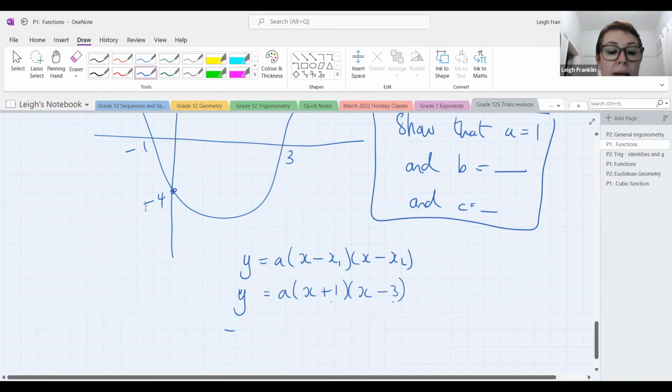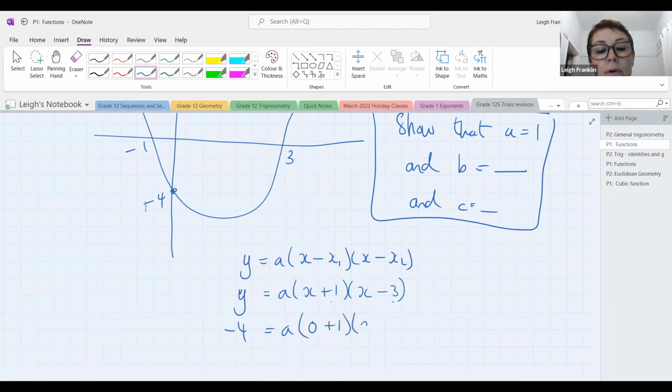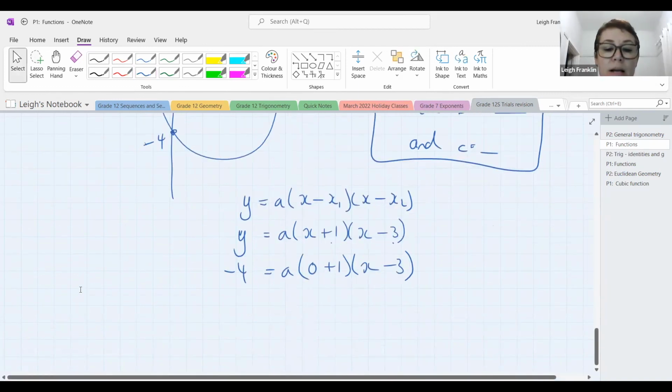So whilst y is equal to -4, x is equal to 0. Now, again, I've just made these answers up, so A is not going to have a nice number to it. But in this case, we're going to say 1 times -3 is -3a, which is equal to -4. So that means that a is going to be equal to 4/3.